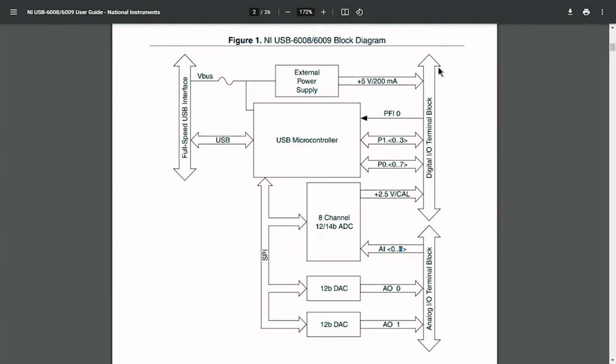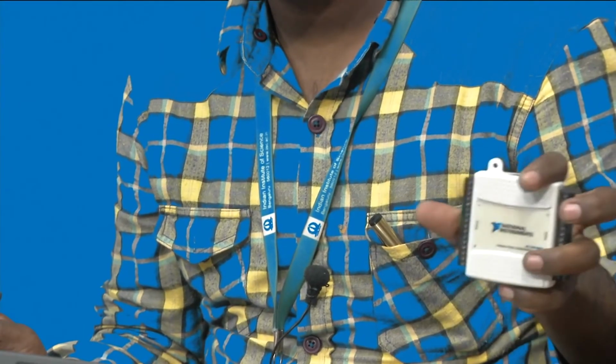Along with this, we have also seen the digital terminal on the other side, which we can use as PFI0, then P1.0 to 3 and P0.0 to 7, different channels, 0 to 7 being 1 byte and 0 to 4 another half byte. Total of 16 on one side.